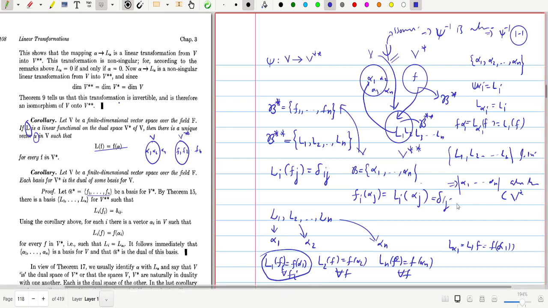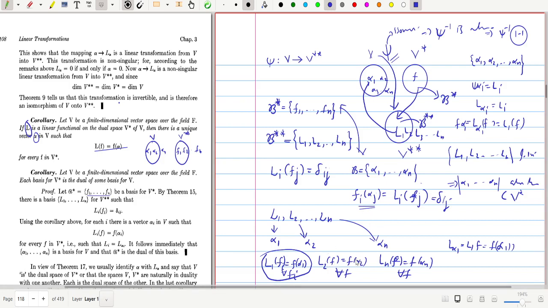Now this can be written as: Li of fj is equal to fi of alpha j, which is equal to delta ij. So fi of alpha j can be obtained from this relation. Clear?